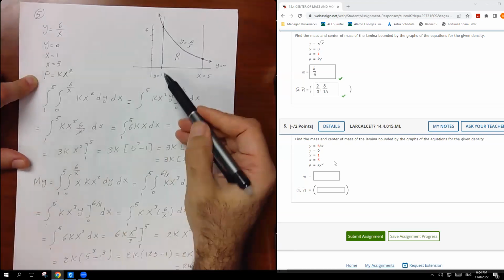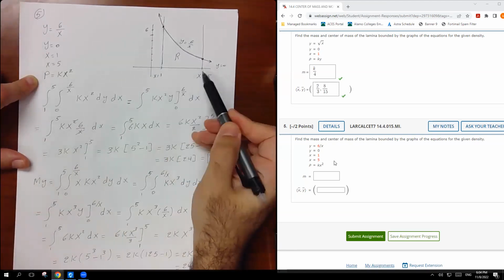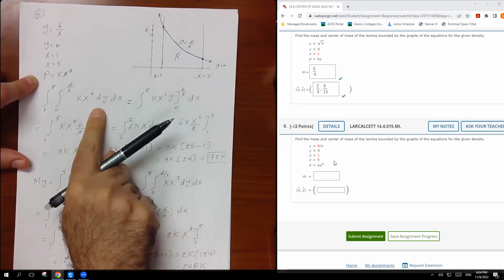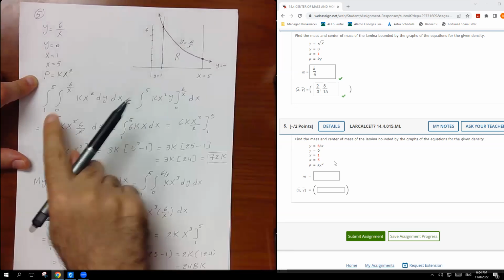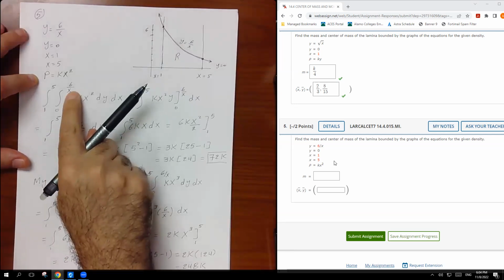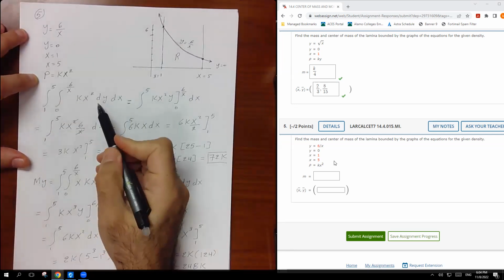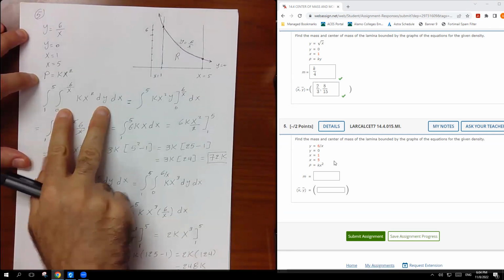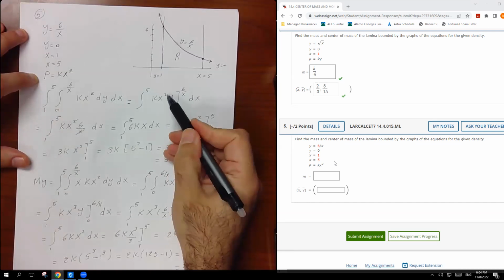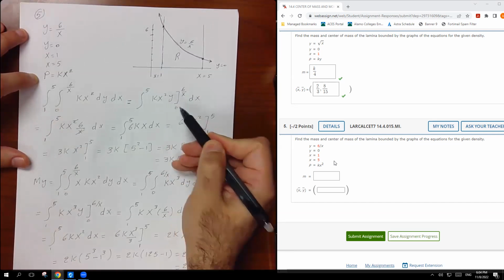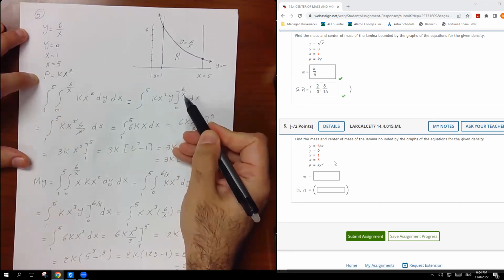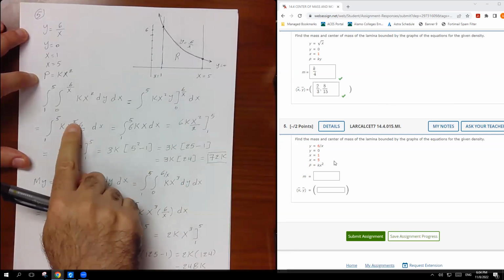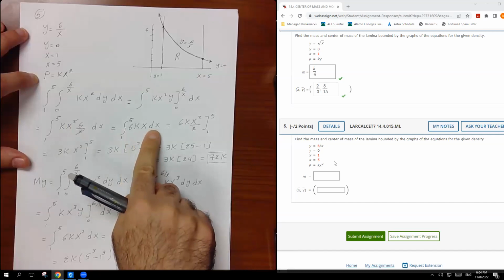So we're going to say the integral from 1 to 5 in x, and the y inside goes from 0 to the curve, y equals 6 over x, of kx squared dy dx. Find the integral with respect to y. kx squared is a constant, so we get y from 0 to 6 over x. Plug in 6 over x, cancel x with the x, so it's going to be 6kx dx.